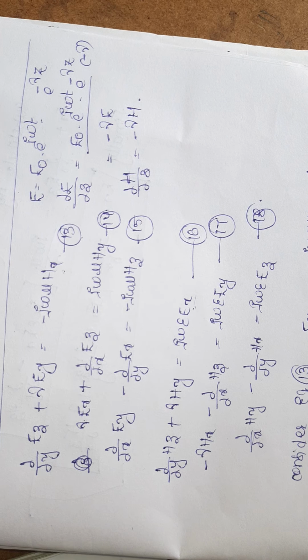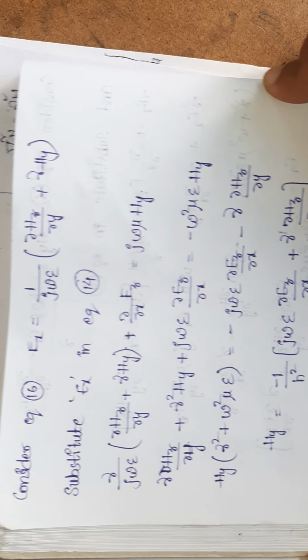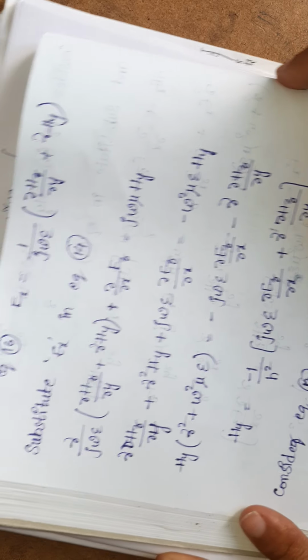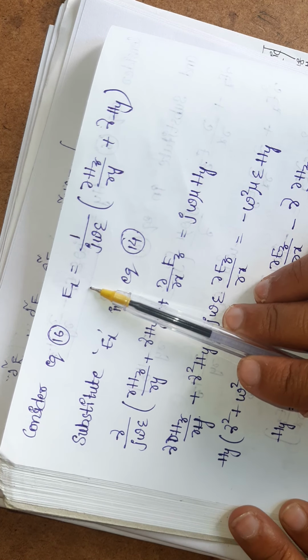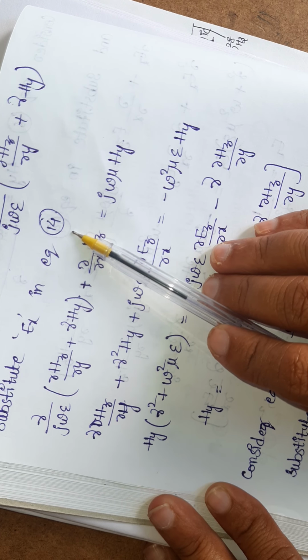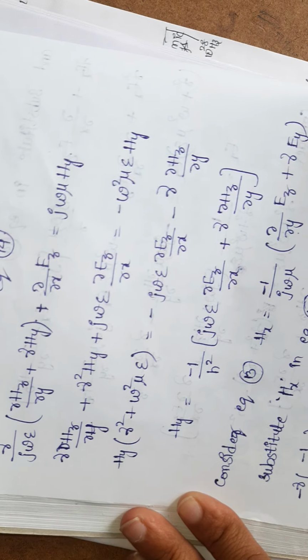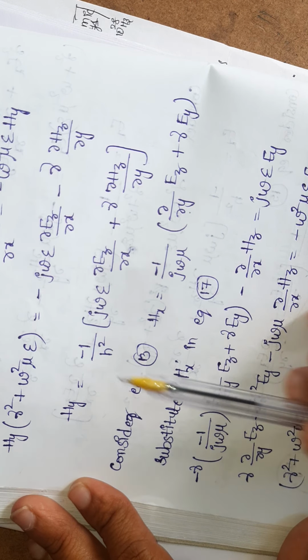So after writing the equations, I got this as a final derivation. Consider equation 16, write down the Ex equation and substitute in 14. Like this you will get the derivation for Hy.